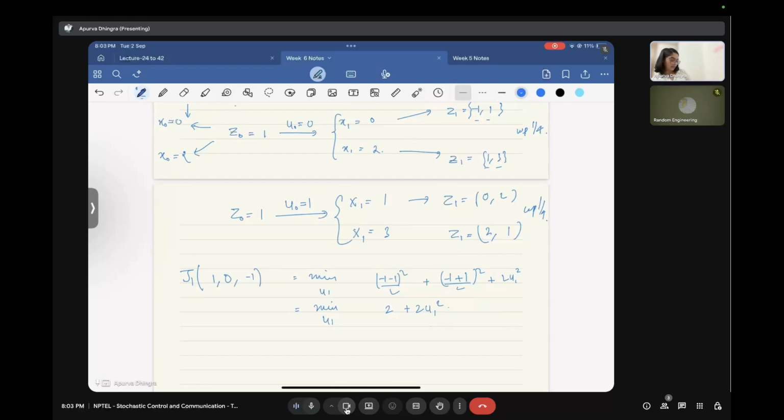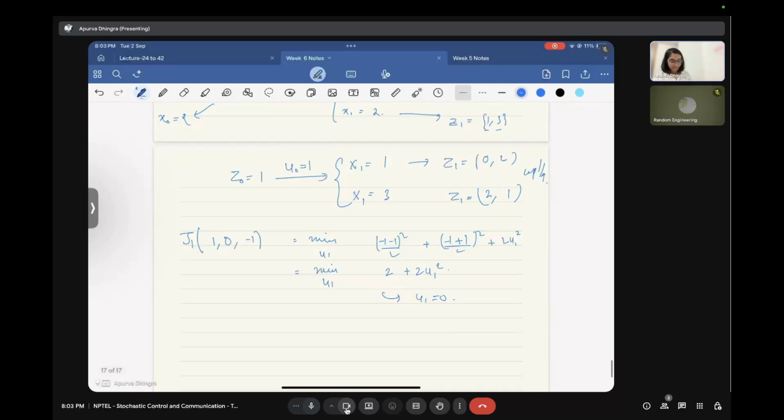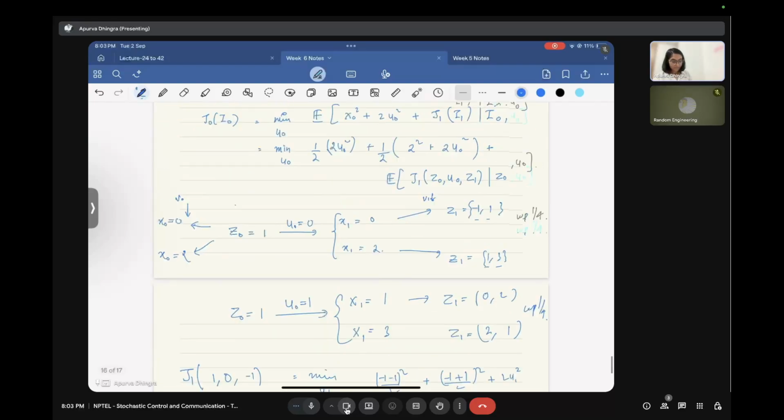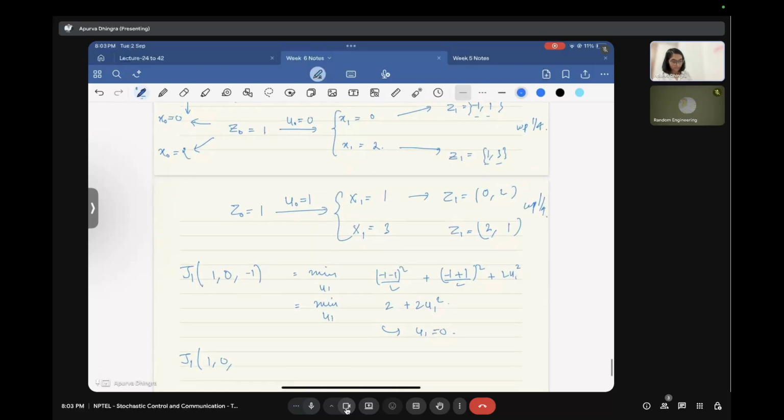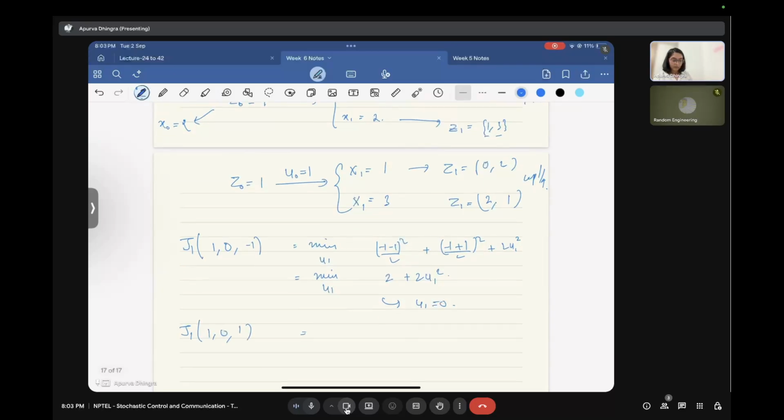You can see that since we're trying to minimize, u1 equal to 0 is the one that will minimize this. Similarly, you'll do it for other values and you'll be able to find the minimum value. So if u1 is supposed to be 1, then the minimum value of this is just 2. J1 of (1, 0, -1) is this.